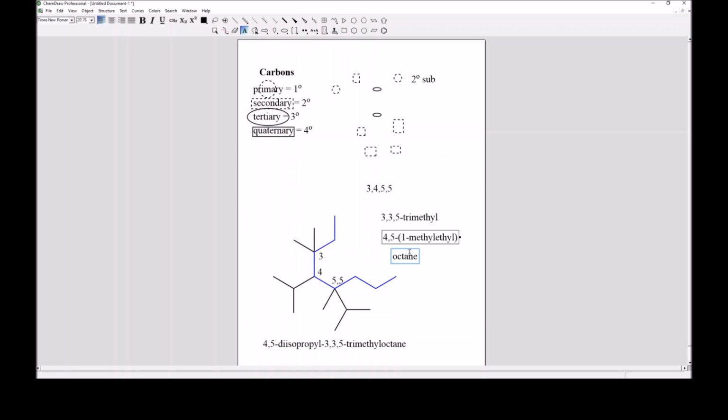Now, if chemists were at all friendly to students, they would call this a di. And based on my tone and the way I said that, you can already tell it's not going to be a di. When you have multiple things in parentheses, instead of using di, tri, tetra, penta, etc., the things we use everywhere else, they decided to come up with a completely different system.